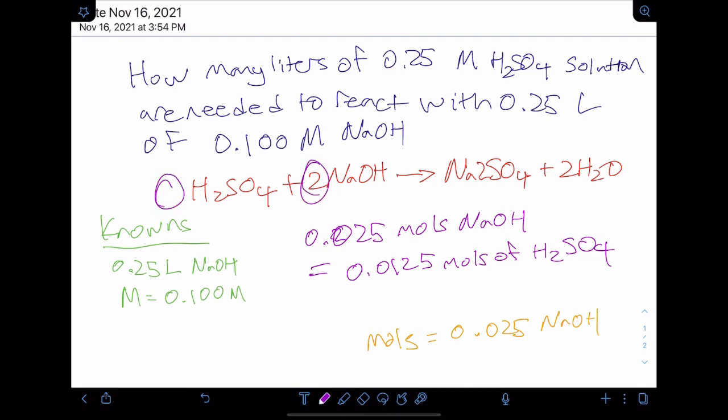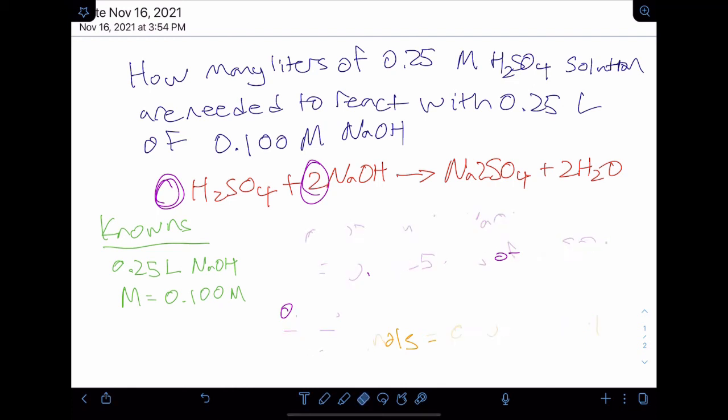So it's 2 in front of NaOH and 1 in front of H2SO4. It's a 2-to-1 ratio, so we divide 0.025 by 2 to get 0.0125 moles of H2SO4.